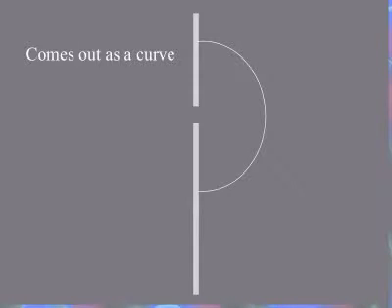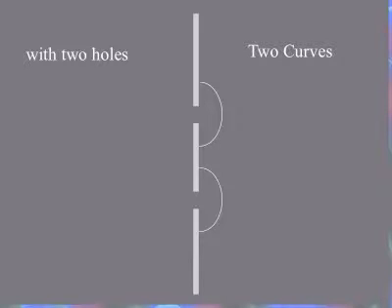If we have one hole, the waves go through the hole and it makes one curve, just like we throw one rock into the lake, and we're not really going to be able to study it very much. So let's take two holes. Now it's like we're throwing two rocks into the pond. If we throw two rocks into the pond, we're going to get two waves coming out, correct? So if we have the particles going through two holes, we're going to get two waves, and as the waves go out, they get bigger and bigger and bigger, right?